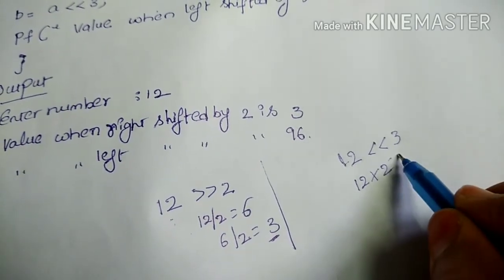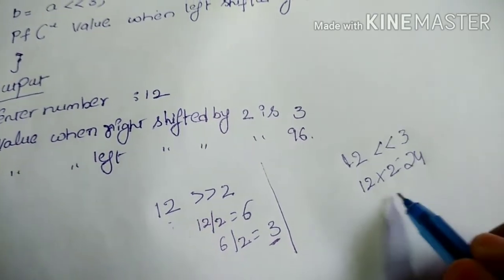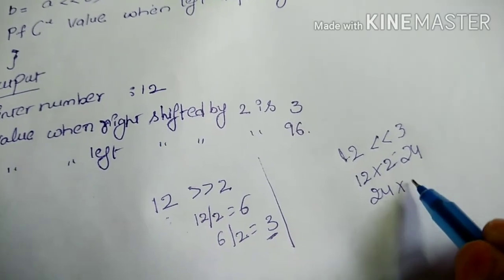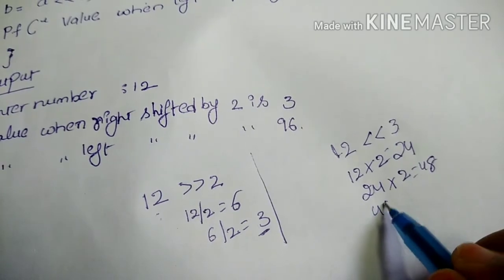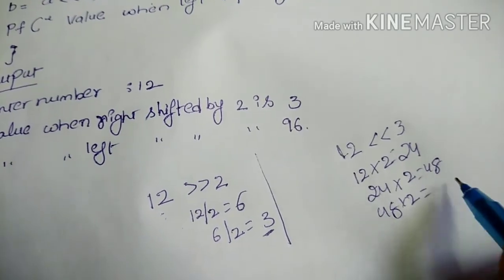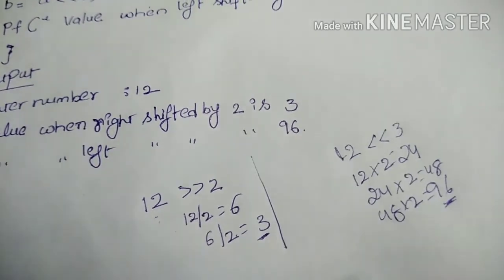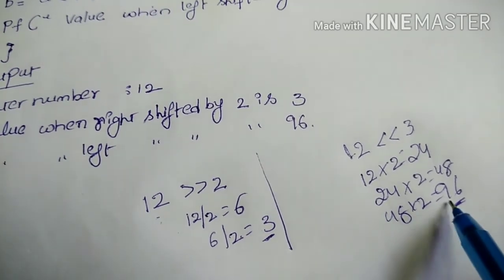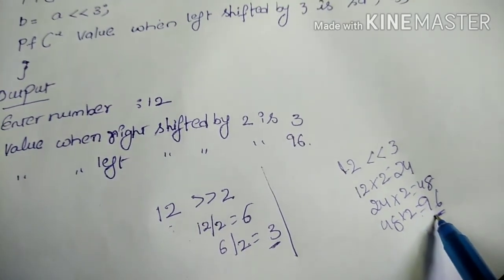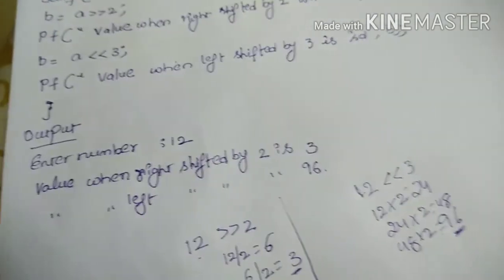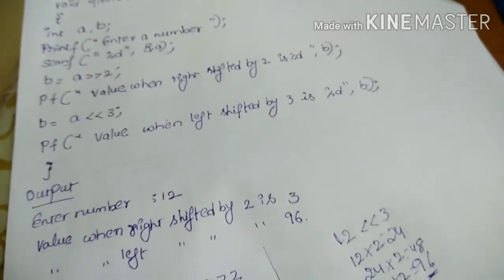The first time when you multiply, 12 into 2 is 24, into 2 again 48, into 2, 96. So you can say directly the value after the left shift operation is 96. So these are the bitwise operators.